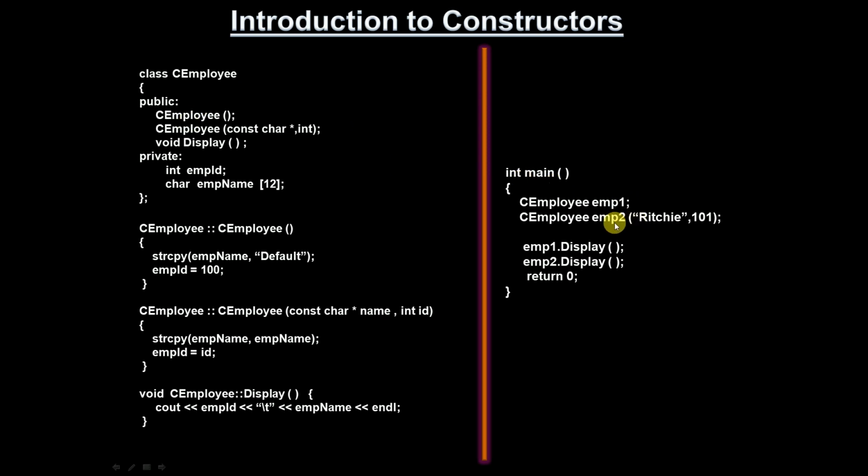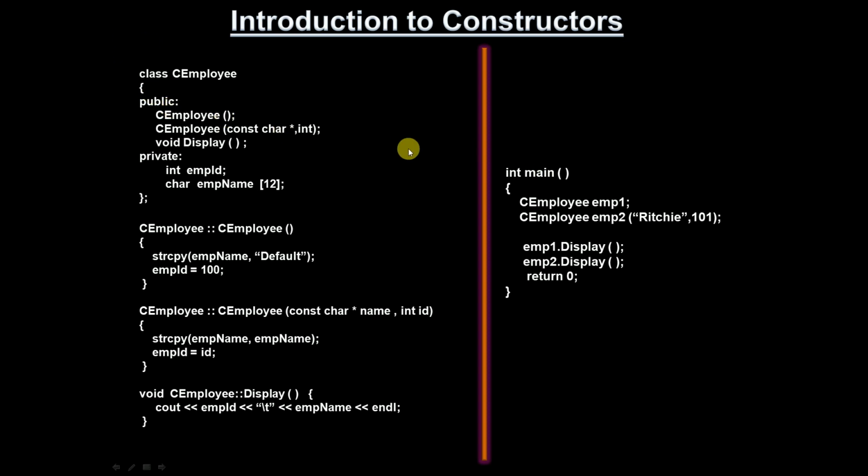For the second one, you are passing the first argument as const char star and the second value as an integer. Which constructor has this argument list? The second one, so it will call the second constructor. So the binding of which constructor is called for which object takes place during compile time.